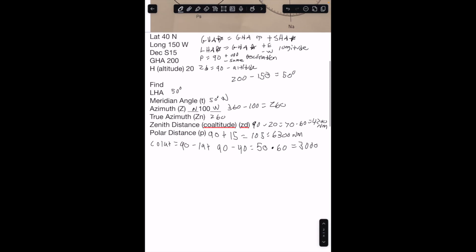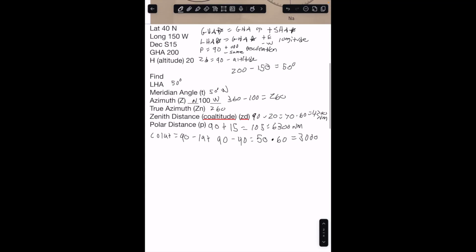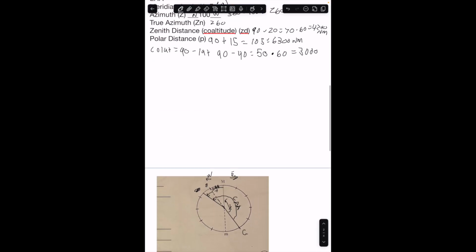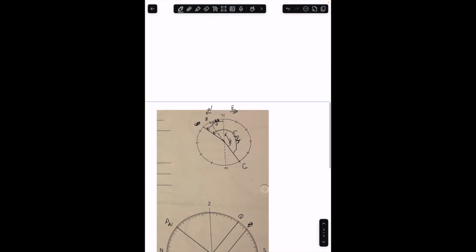Okay, so now let's plot the diagonal circle of our body here. We know that the declination is south 15, so we go to the equator and go 15 south, relative to the celestial equator, the equinoctial. But then we have to keep in mind that there's a horizon, since we're observing it. So we have to figure out its altitude, which is 20.